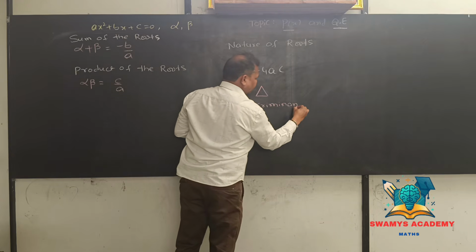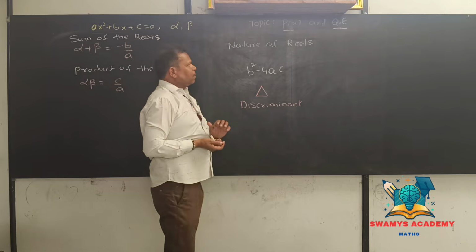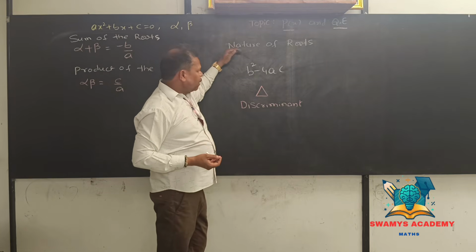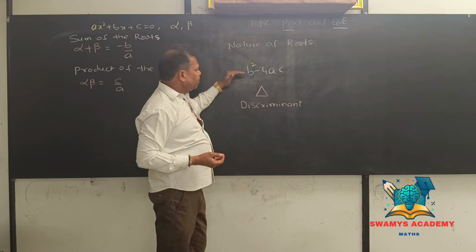To find the nature of the roots we use this formula: b square minus 4ac. What is b square minus 4ac? It is the delta, also called the discriminant, used to find the nature of the roots.